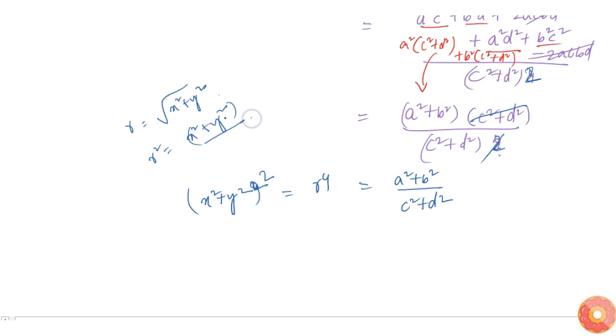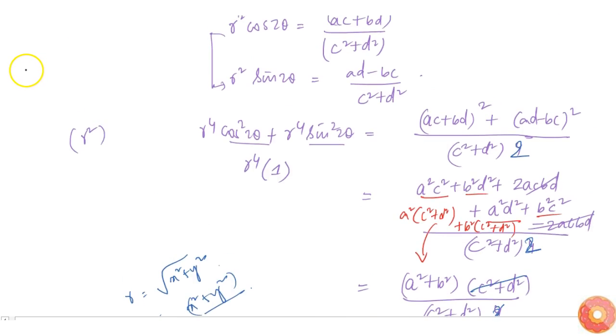We need to find x square plus y square. So x square plus y square is simply equal to a square plus b square by c square plus d square whole power half, which is not given in the question. So maybe I made a mistake or the question was a mistake. I'll just have to check it again.